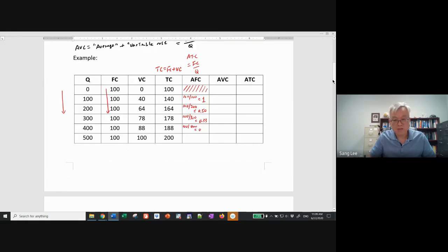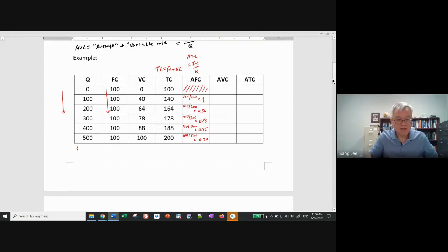So now what do you get? 25 cents. And finally, the same fixed cost 100 is divided by 500 units. Then per unit, a typical unit incurs average fixed cost of 20 cents. Okay. So here now we learn a very important lesson.